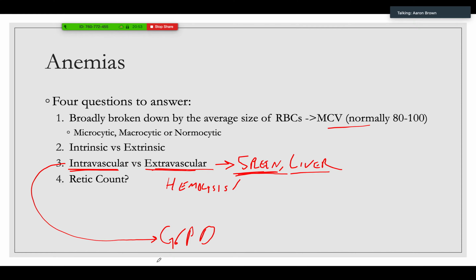We're not waiting for the macrophages to attack red blood cells. We're not waiting for antibodies to bind to them. Instead, it's happening everywhere because every single red blood cell is affected. Okay? Does that make sense? The intra versus extravascular dichotomy there, the difference. We'll go through some examples together too to demonstrate what the difference is, okay?